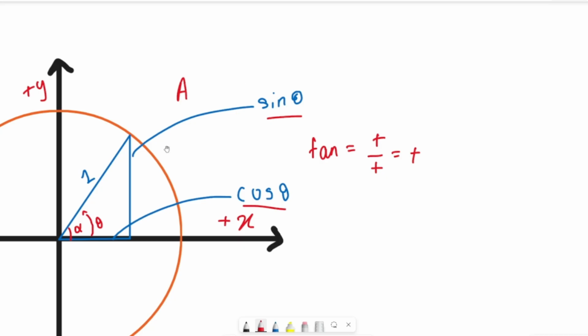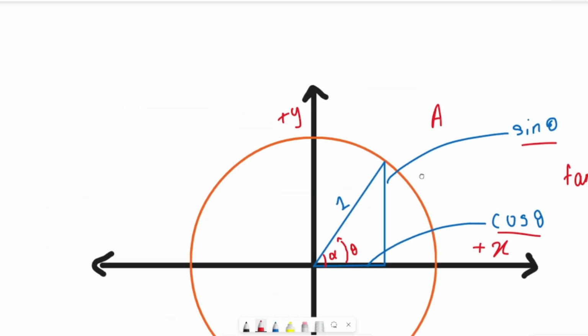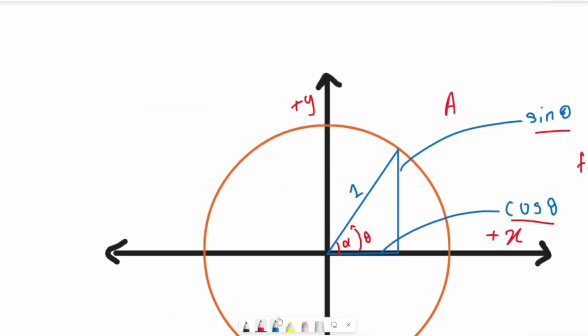And with this logic, we're going to move to the second quadrant. And in the second quadrant, you're going to notice something funny, which is that you still have the same line, which is the hypotenuse, which is equal to 1. And you're going to have the same triangle, but practically mirrored on this side. This is 90 degrees.